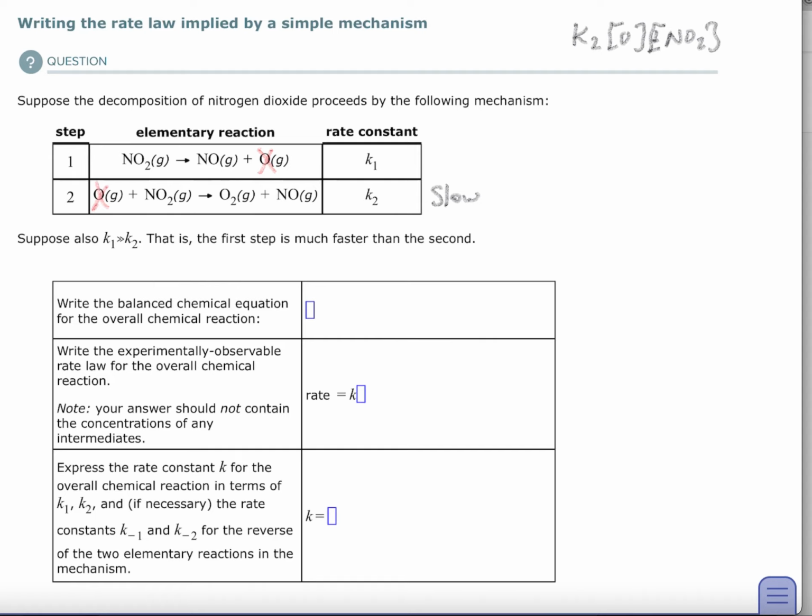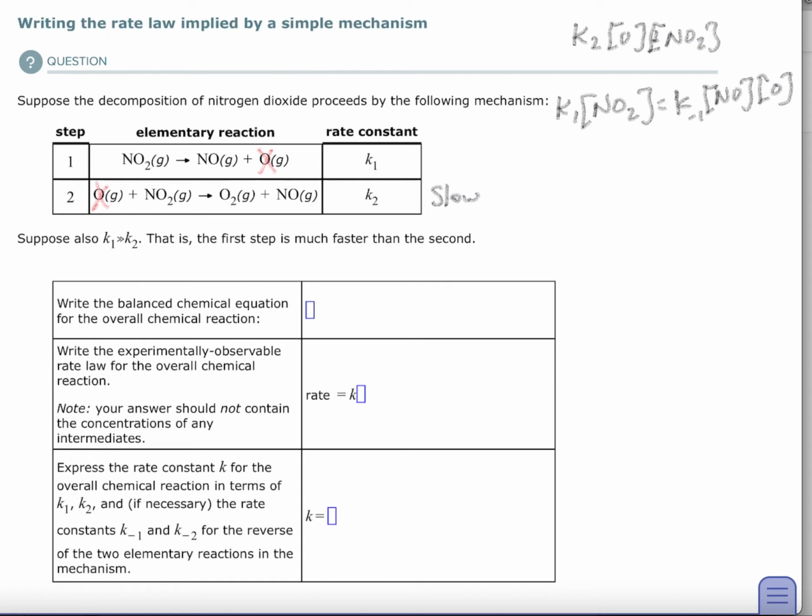Now, one of the things that I can use is that if I'm looking at the first step, I can say that k1 times NO2 is going to be the same rate as the reverse reaction. The reverse reaction is k to the negative one, and its concentration is NO times O. Do you see now I've got a concentration of O that I can solve for?